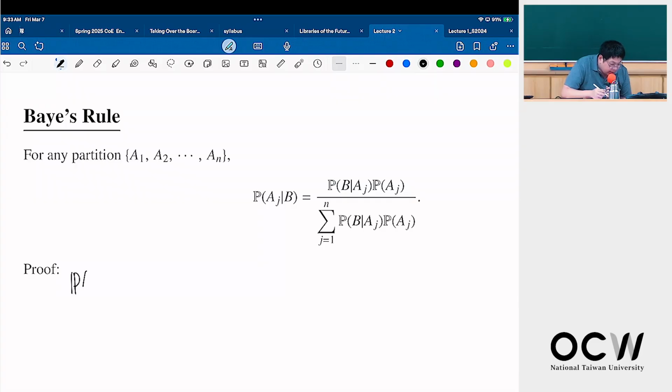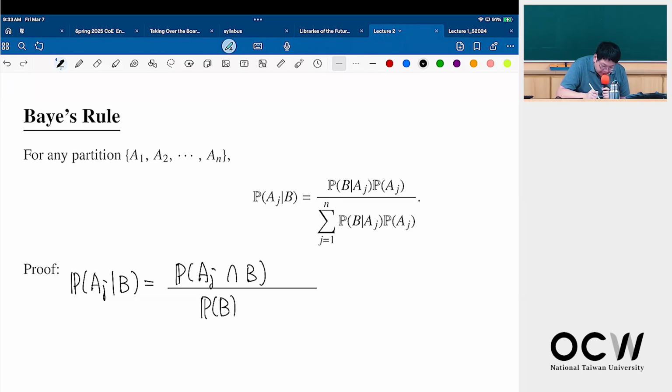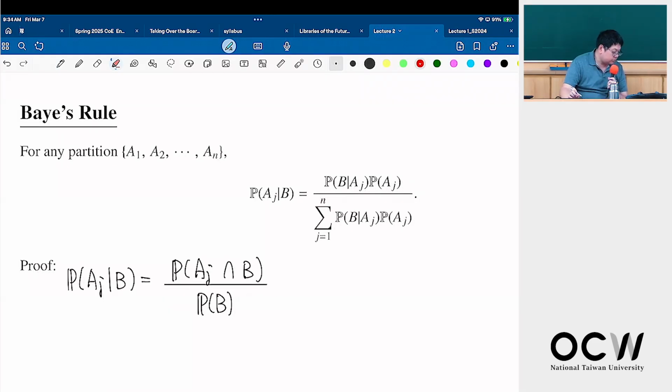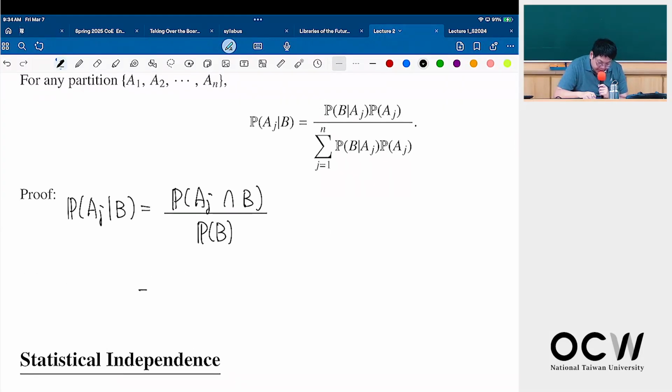By the definition, AJ given B should be the probability of AJ intersect B divided by the probability of B. And we just did that right here: A intersect B will be the probability of B given A, that event AJ, times the probability of AJ.